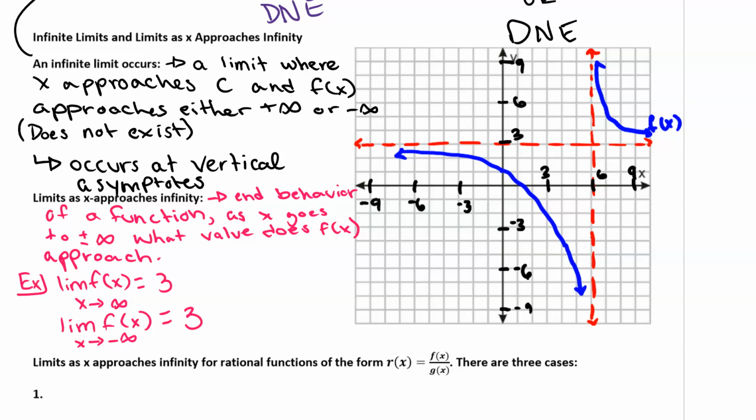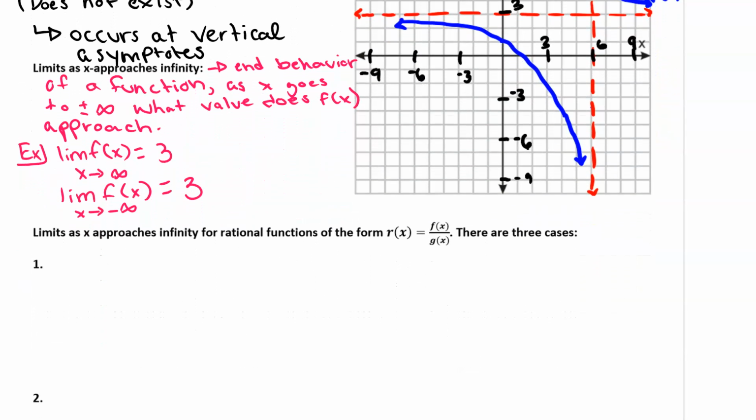What happens as we go all the way to the right and as we go all the way to the left. So as x gets infinitely large and as x gets infinitely small. In the case of horizontal asymptotes, that'll approach a finite value. In other cases, we'll be approaching either positive or negative infinity.